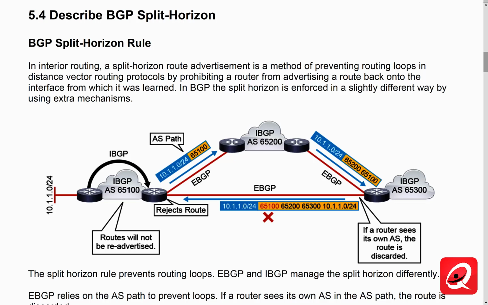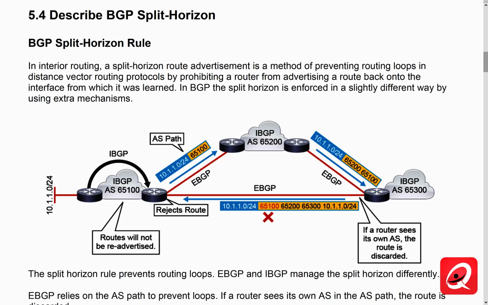So in the diagram here, we see that we have an iBGP peering relationship in AS 65100. Actually, let's start with where are we starting with here? So it looks like we have an eBGP peering relationship between 65100 and 65200.